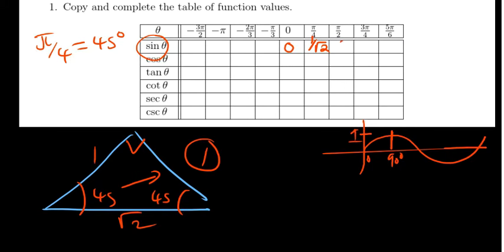Now we have 3 pi over 4. What is 3 pi over 4? You can pull out the pi over 4. You know that pi over 4 is 45. So 45 times 3, it will be 90 plus 45.